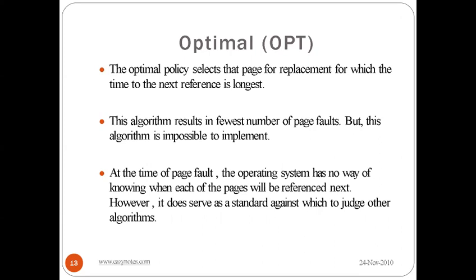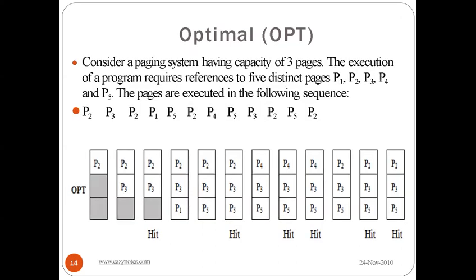This algorithm results in the fewest number of page faults, but it is impossible to implement. At the time of a page fault, the operating system has no way of knowing when each of the pages will be referenced next. However, it does serve as a standard against which to judge other algorithms. Optimal.